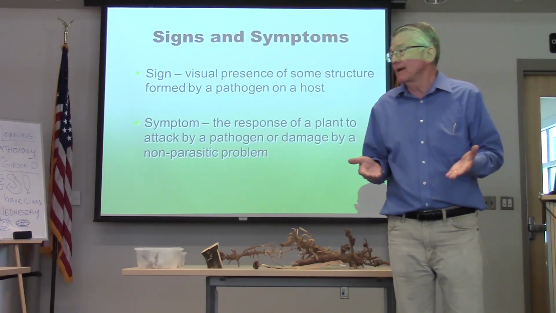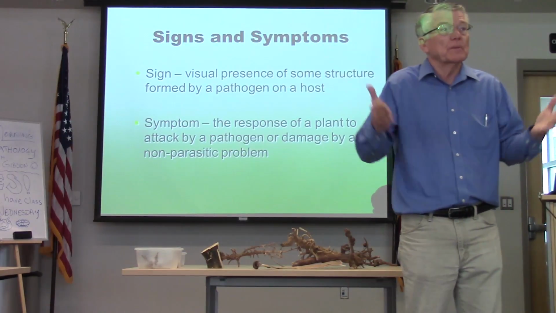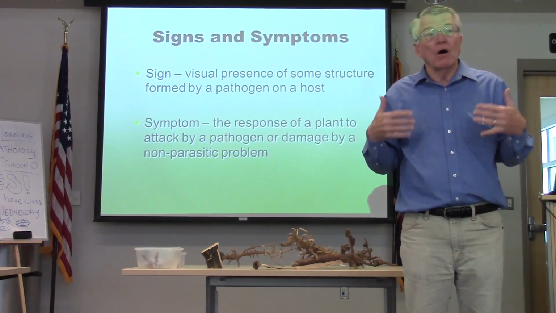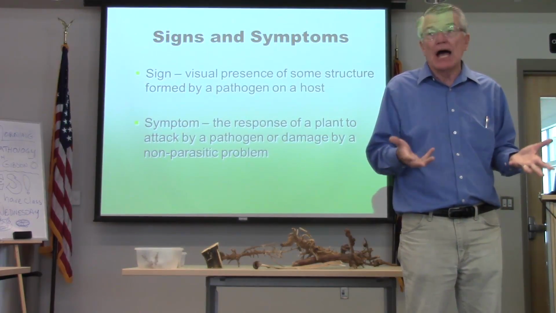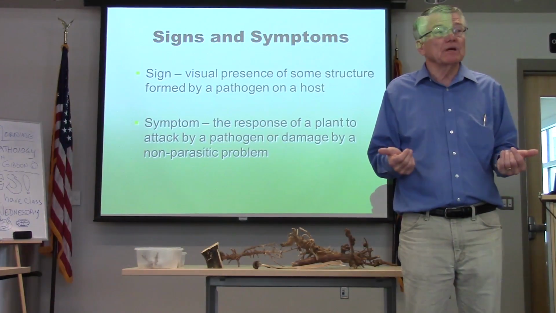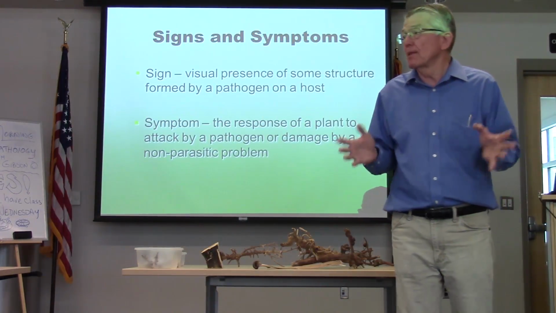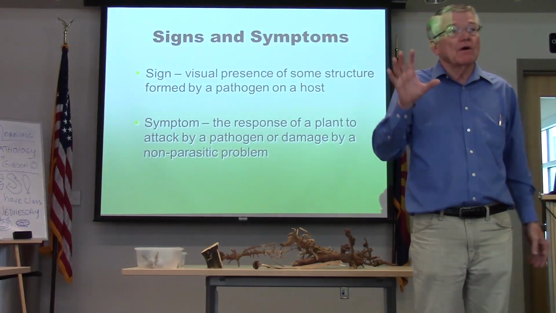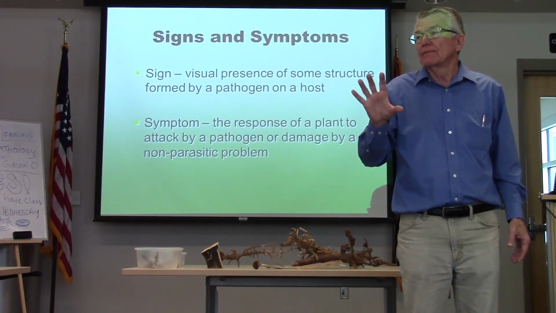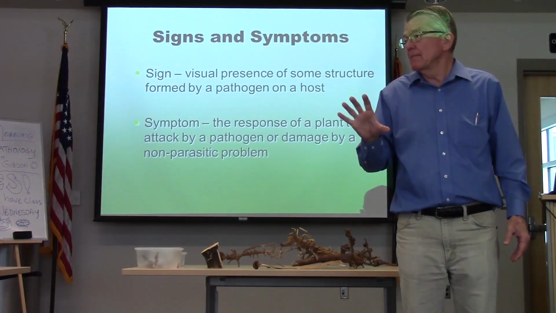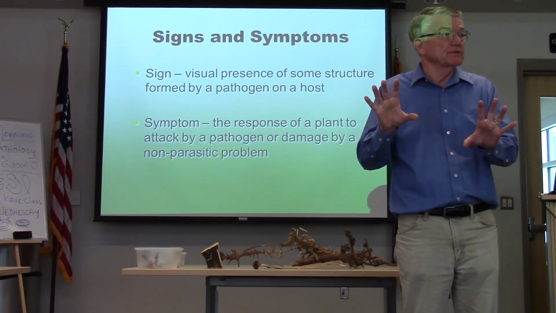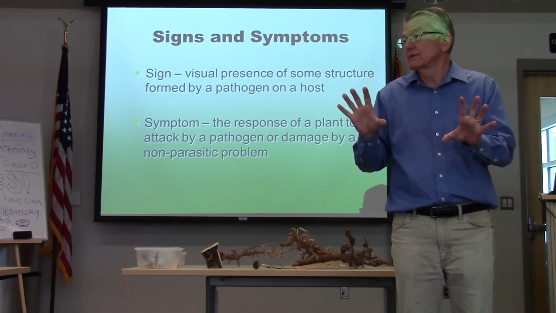That's the easiest way to identify. So when we're looking at a sample or a specimen, we're always trying to find the sign of the disease organism. But sometimes all we're going to get are symptoms. The problem with that is that there are symptoms that develop that look the same, but are caused by different pathogens, different effects.